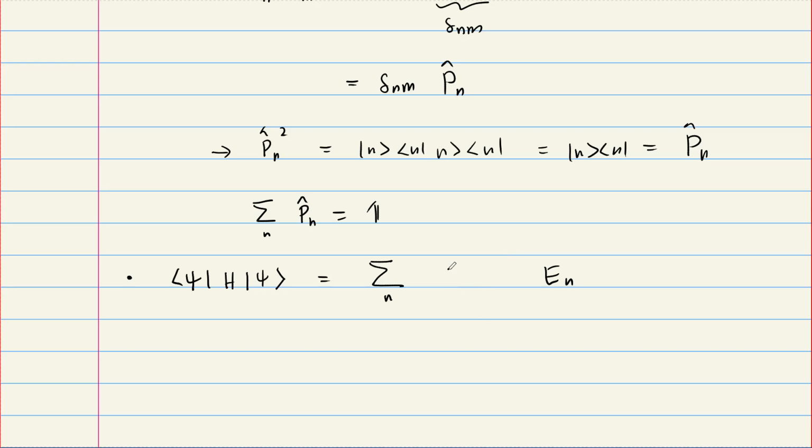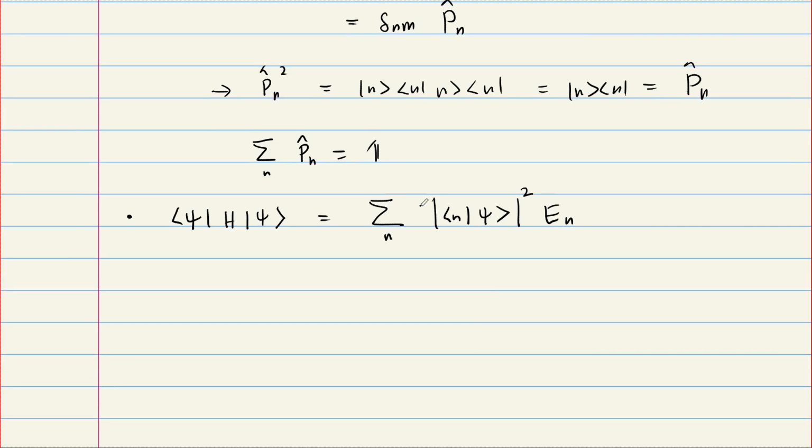It is the absolute value of ⟨n|ψ⟩, squared. And I can write this as, okay, let me do it in two steps. So this is something times its complex conjugate.